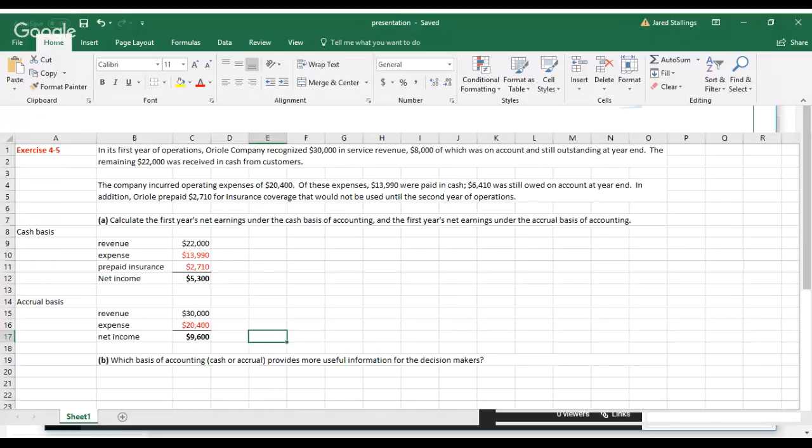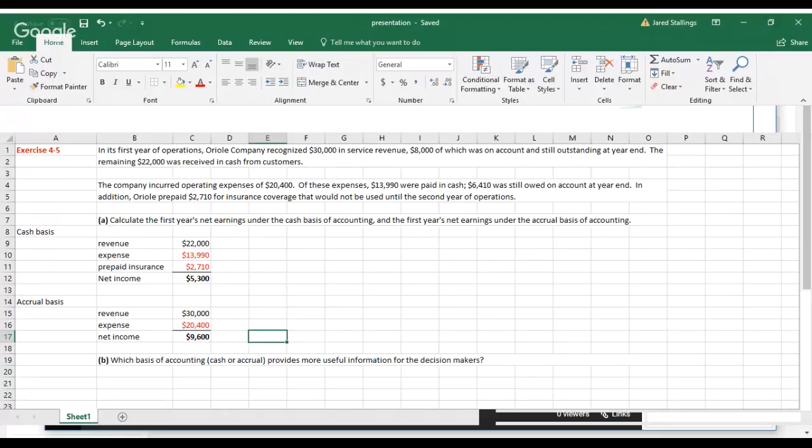The company incurred operating expenses of $20,400. So these are the expenses, so they'll obviously be subtracted out. Of these expenses, $13,990 were paid in cash, so that goes here. $6,410 was still owed at year end. Down here, we would count that $6,410 because the services were provided for those expenses.